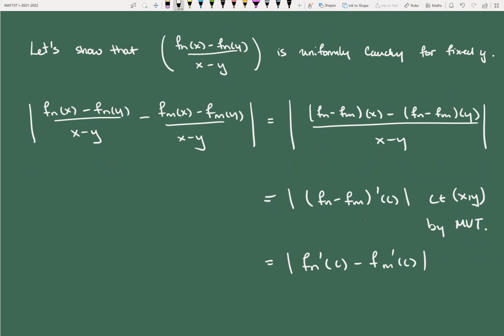But we know that the f_n primes converge, so I can make this thing less than epsilon. The f_n primes are uniformly Cauchy because they converge, which means this thing can be made less than epsilon over 3 or whatever you want.